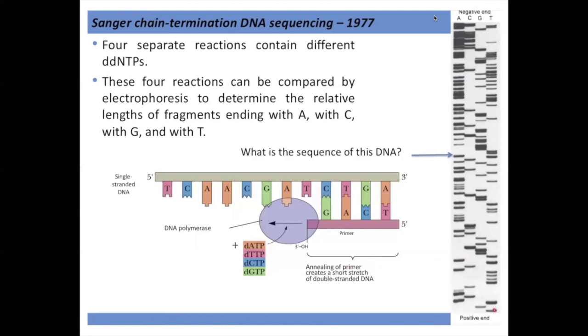And so what you do is you know that this one here stopped with a T. This one here stopped with a G. It looks like this one here stopped with a T. And notice this band's a little bit darker, and that's kind of an indication that maybe there were 2 T's or maybe even 3 different T's there.